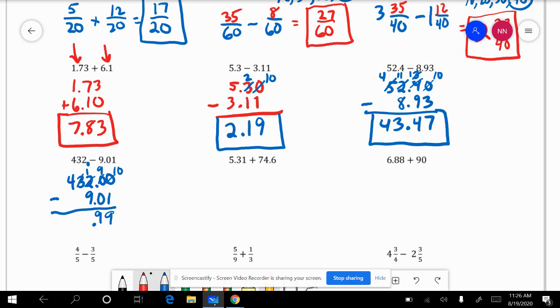Then I have to borrow from the 3 to make the 1 and 11. I have 2, and then what I have is 4. So I have 40. Let's see. Oops, I forgot to bring down that 2. So I have 422.99.